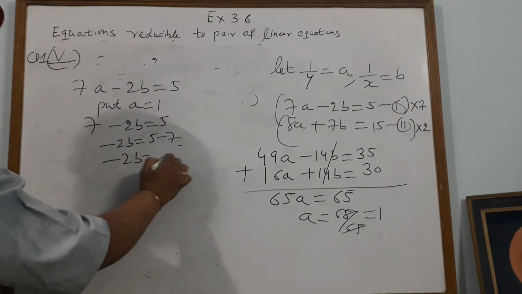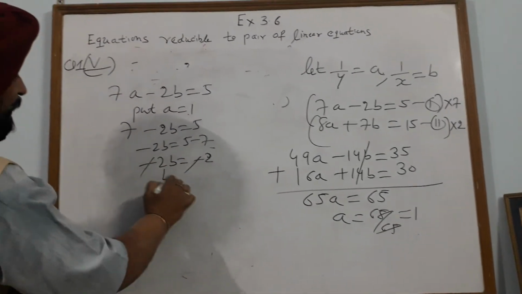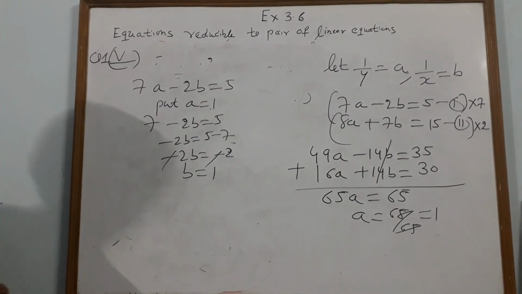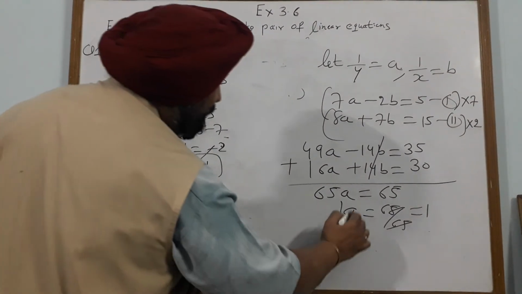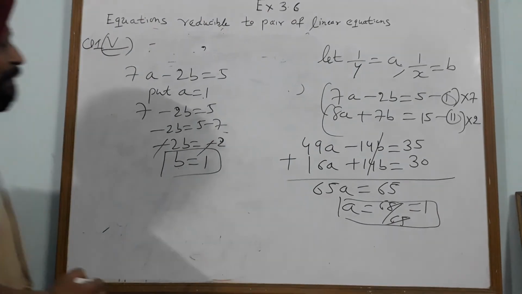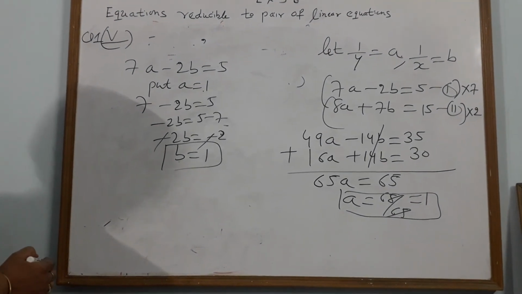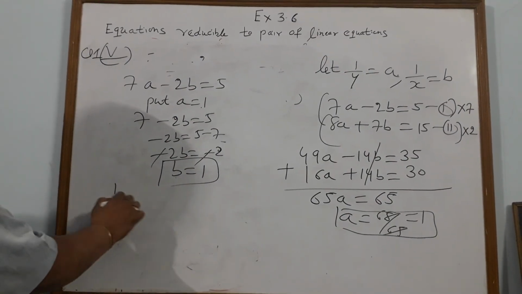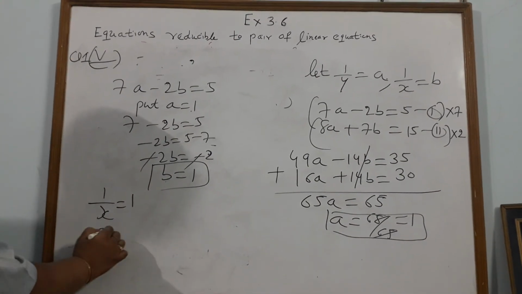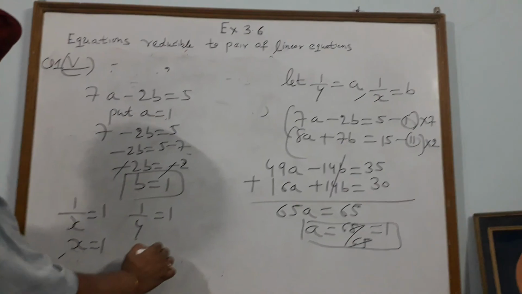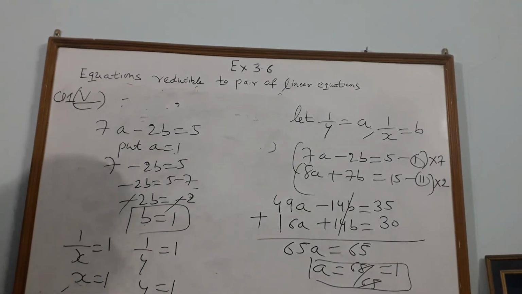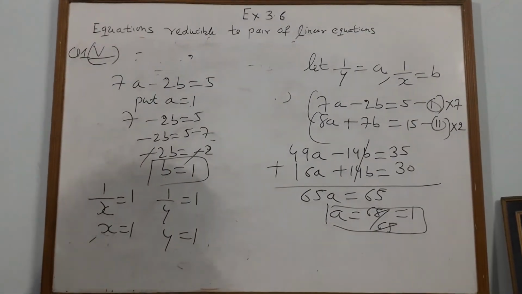Minus 2b is equal to minus 2. Again we get the value of b is equal to how much? 1. So we get the value of a as well as the value of b is equal to 1. But we have to find the value of x and y. So again 1 upon x comes out to be 1, x is equal to 1, and 1 upon y is also equal to 1, y is equal to 1. Other problems we will discuss in the next live class. Thank you.